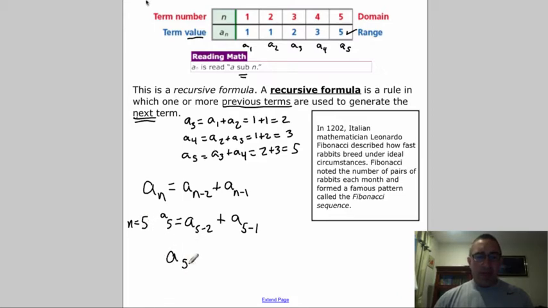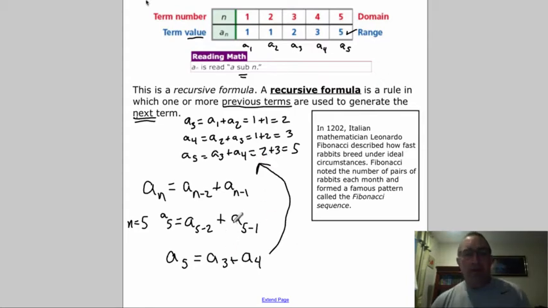That would mean that a sub 5 is a sub 3 plus a sub 4. And that's exactly what we got up there. So awesome. Using the previous two terms, 1 plus 2 is 3, 2 plus 3 is 5. Using the previous two terms to get the next term.